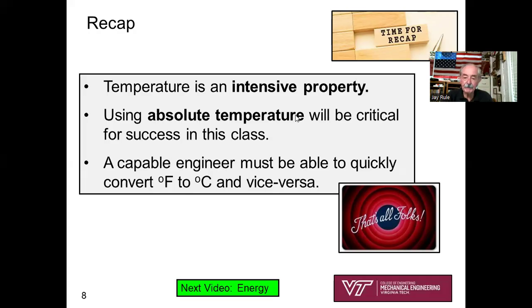Using absolute temperatures is going to be critical for success in this class. And despite my terrible explanation of converting degrees F to degrees C and vice versa, remember, you have to know the freezing point and the boiling point to be able to derive those relationships out of thin air.